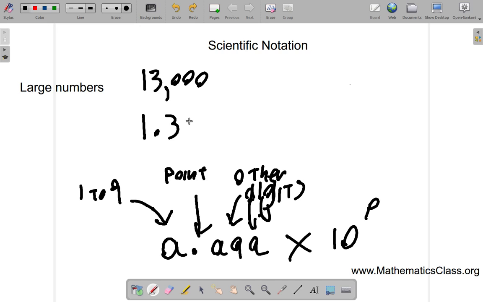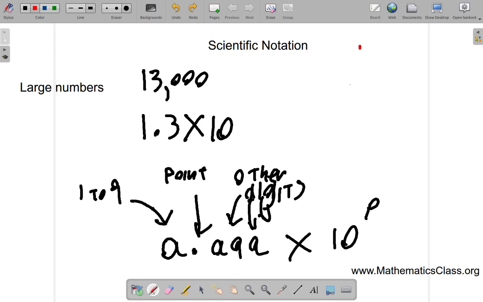Then you multiply by 10 to the appropriate power. No, it's 10 to the what? What are you going to raise 10 to? Alright, let's see if we can figure it out.